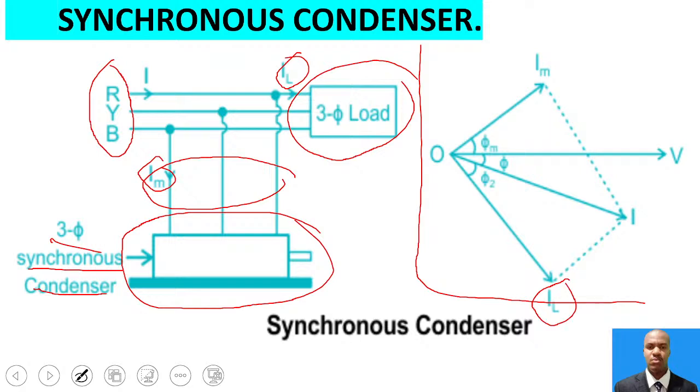This is the load current, and IM is simply the current to our synchronous motor. From that phasor diagram, we can note that the three-phase load takes current IL at a lagging power factor, and that is cos phi L.